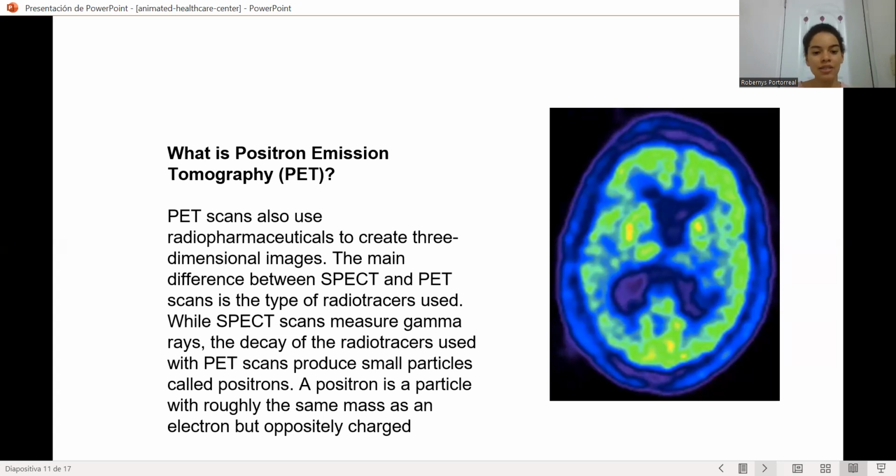While SPECT scans measure gamma rays, the decay of the radiotracer used with PET scans produces small particles called positrons. A positron is a particle with roughly the same mass as an electron, but oppositely charged.